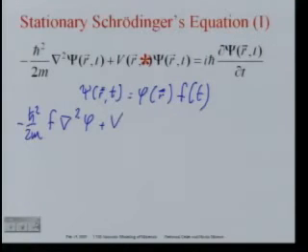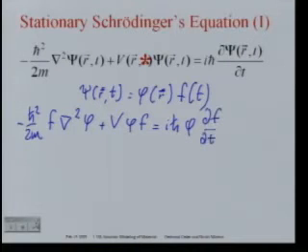I'm not writing the explicit dependence on the variables, but we have the potential times the wave function, phi f, and then we have i h bar. And now the derivative with respect to time of psi: the space-dependent part is not affected, so we write it as phi times df over dt. So this is our first step.